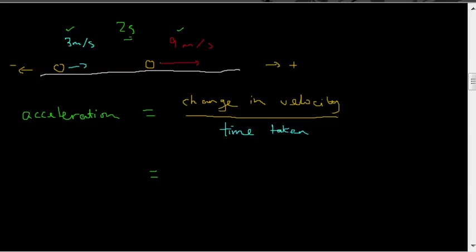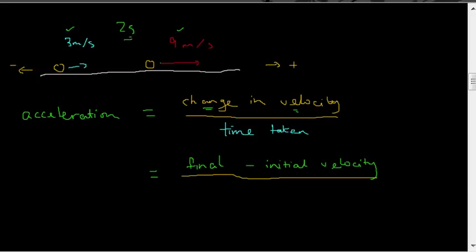In physics and mathematics, the word change in any quantity has a very specific meaning: you must always take the final value minus the initial value, in this case of the velocity, divided by the time taken.